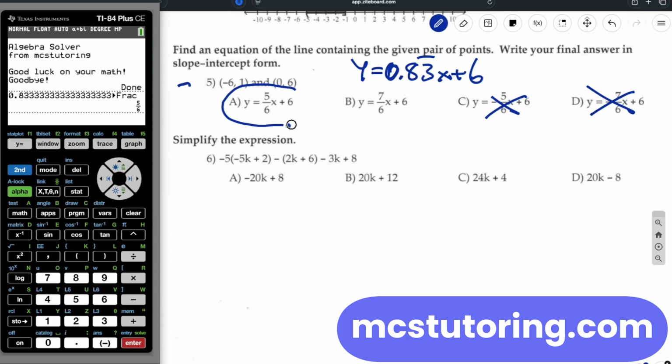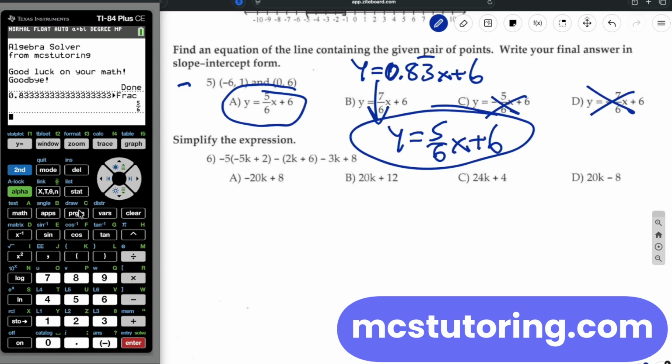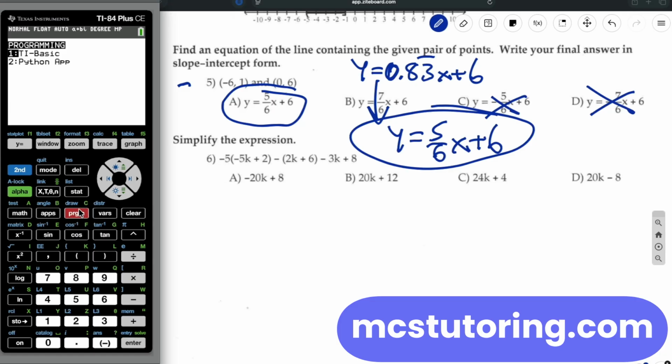So it's 5/6 x plus 6, because basically that means y equals. And look, this is functionality I will add to the program, so you don't have to go out of the program to get the answer there. Because it is part of the SAT math program I have for the calculator. I just didn't put it in this one. Shame on me. I'll add it.